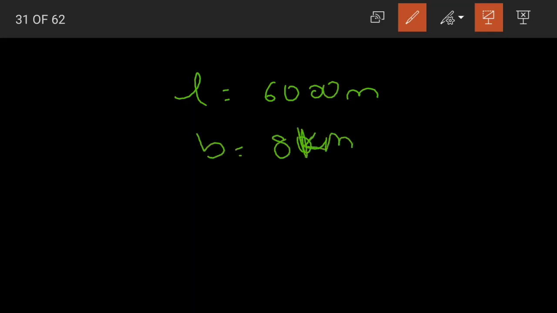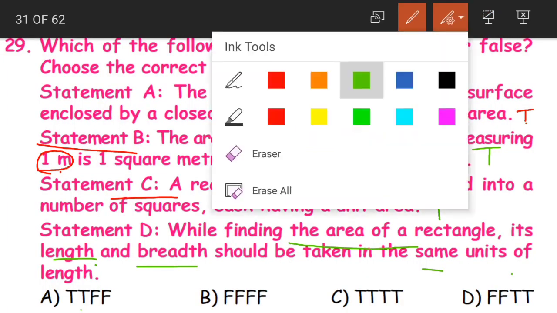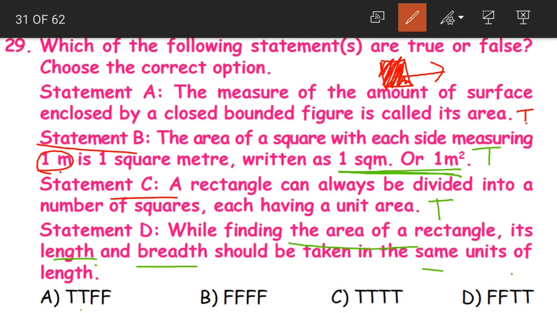So what will we do? The length is in meters and the breadth is in kilometers. So we'll convert the breadth into meters, or we'll convert the length into kilometers. So when we have different units of measurement for length and breadth, what will we do children? We'll convert them into the same units of length. So that is why statement D is also true.